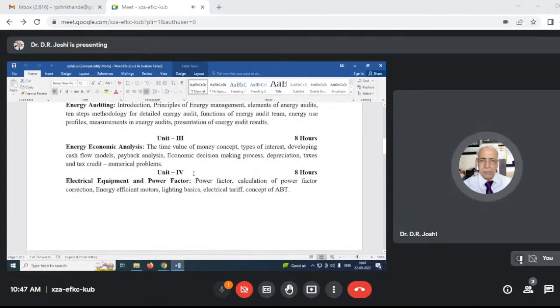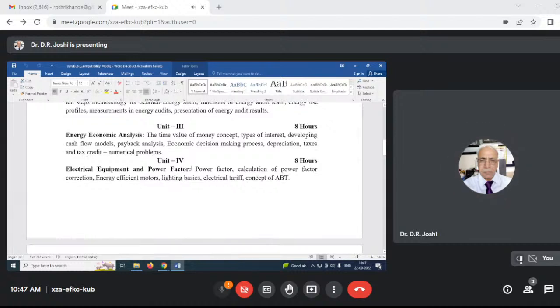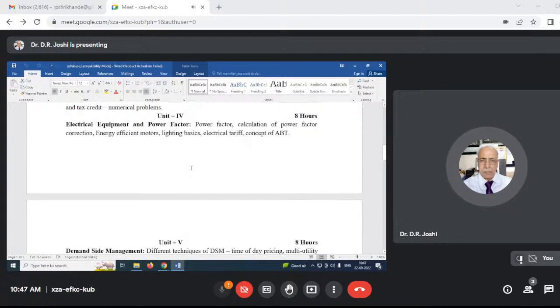Unit 3 deals with energy economics computation, and here we deal with a lot of equations and the corresponding numerical problems about the time value, cash flow and depreciation, etc. Unit 4 deals especially with the machine which is used in the industry, the induction motor.